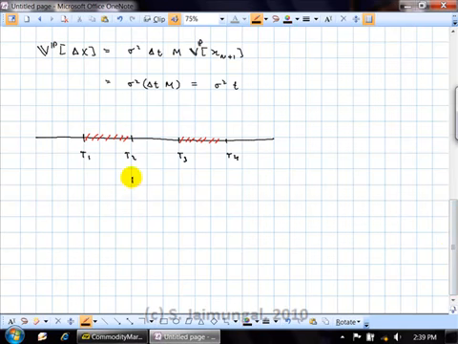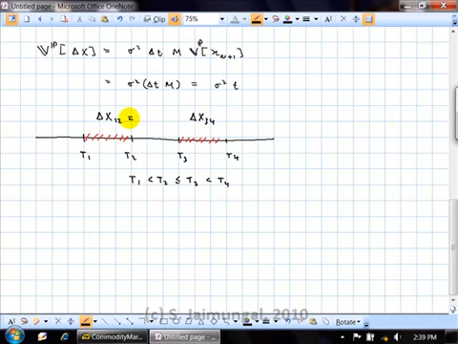So the inequality is that t1 is less than t2, is less than or equal to t3, is less than t4. Okay, so in principle they could touch at the middle there, but they're not going to overlap. And let's say we wanted to investigate the increment of x over those two windows. Okay, so we'll look at delta x here from 1 to 2, and delta x here from 3 to 4. I hope my notation makes sense. You understand what I mean by that?